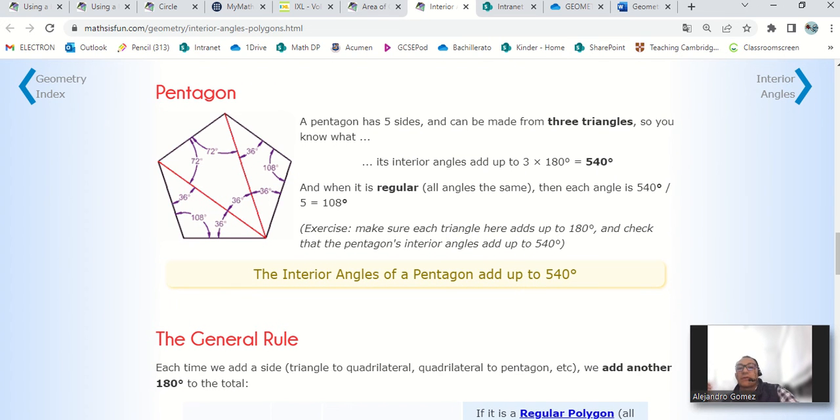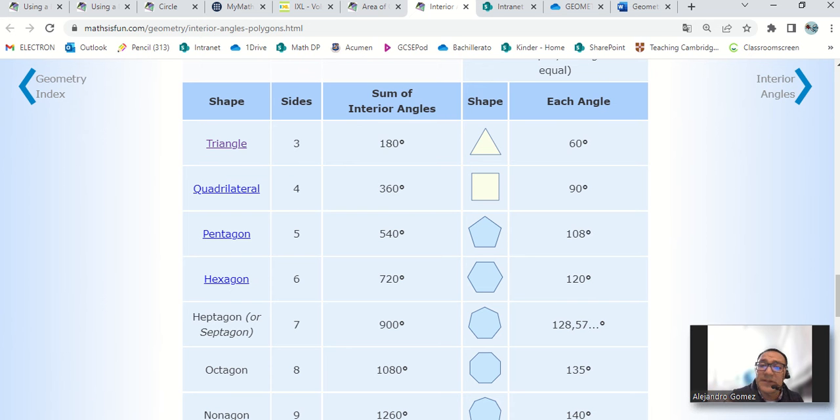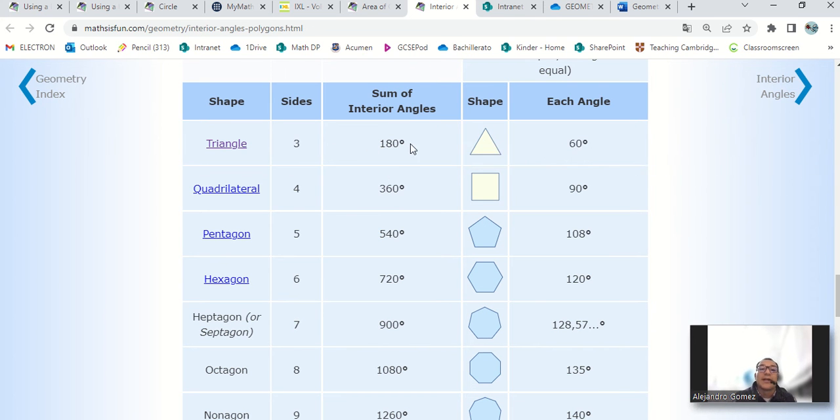There is one for a pentagon, and it says something very important: the addition of the three angles inside a triangle must always be 180 degrees. Look at this, each angle is 60 degrees. Even if it is distributed in another form, it will always be 180 degrees.